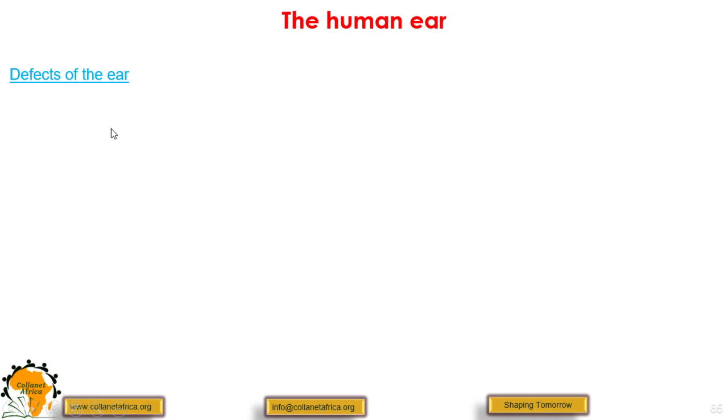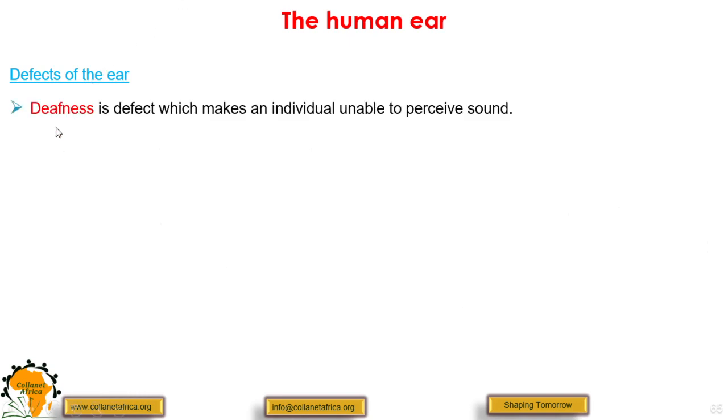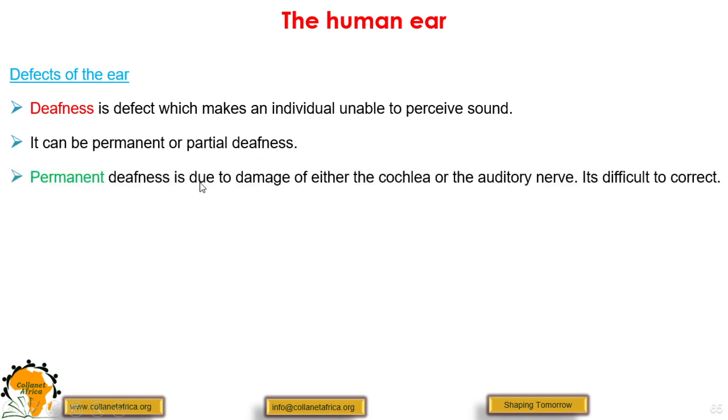Since we have discussed the mechanism of hearing and balancing, sometimes the ear has defects. One of them is deafness, and this one makes an individual unable to receive sound. It can either be permanent or partial deafness.